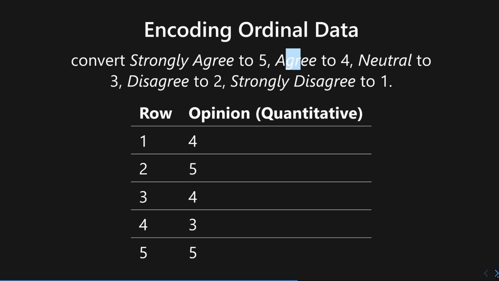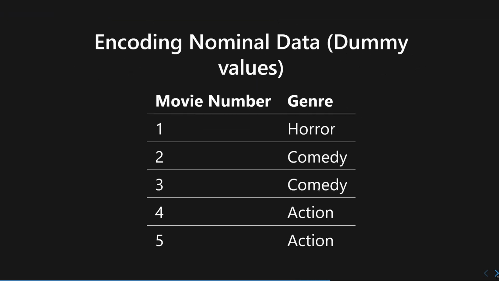You can also say that strongly agree is positive 2, agree is 1, neutral is 0, disagree is negative 1, strongly disagree is negative 2. That is also a possible way of encoding it. As long as you preserve the ordering, that's a valid encoding.